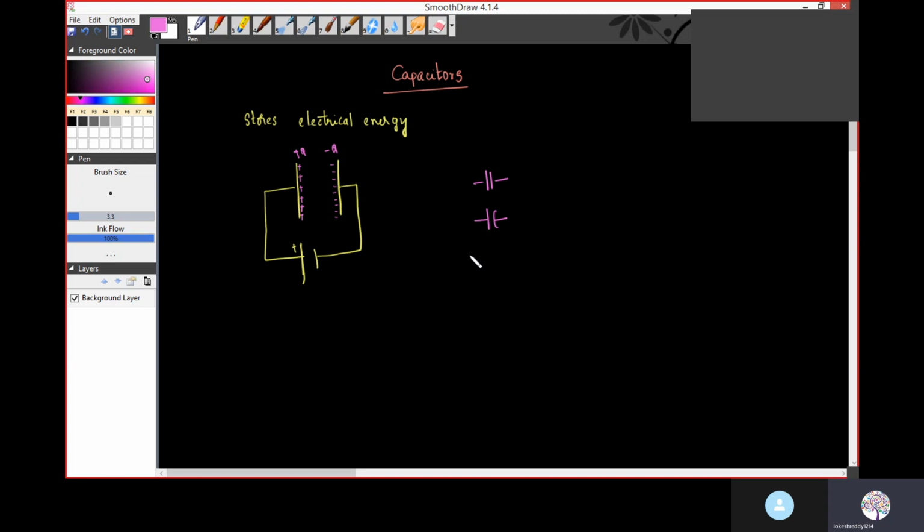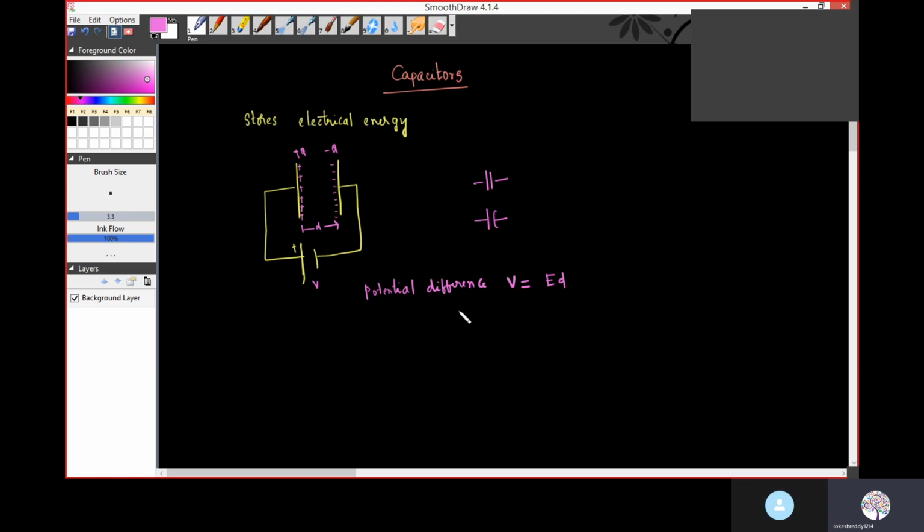If this acquires positive charge and this acquires negative charge, charge is plus Q and minus Q, and the potential difference is V. V is equal to E D, electric field into the distance between the two plates, that is D. Okay, V is equal to E D.